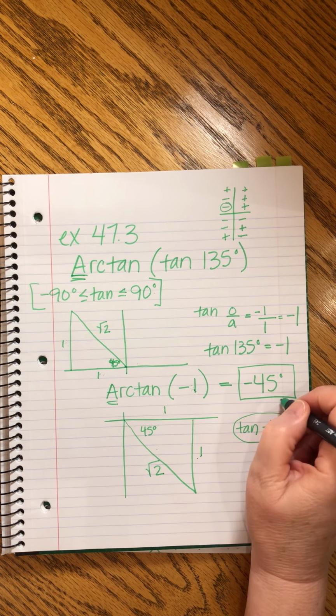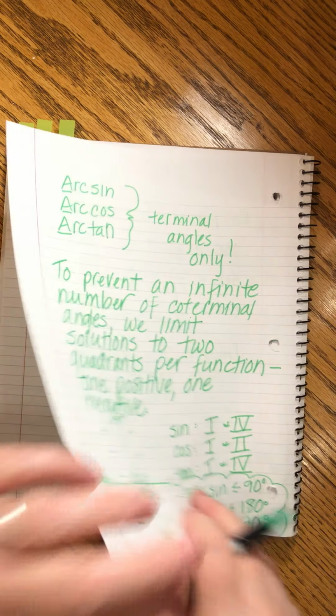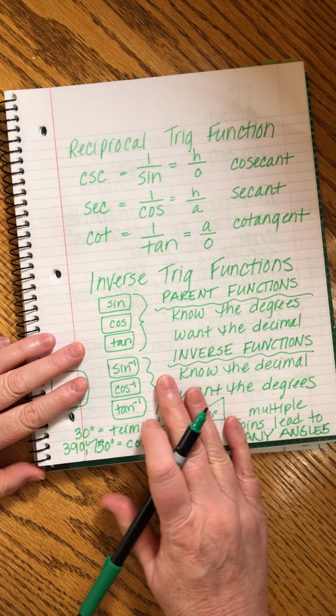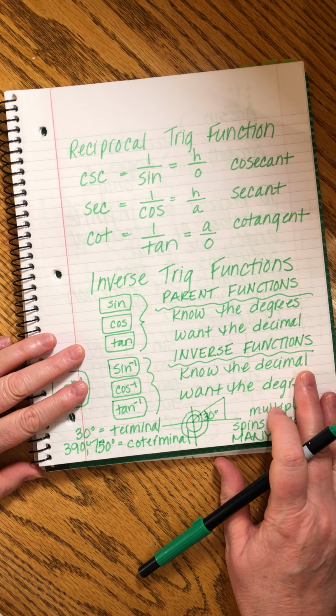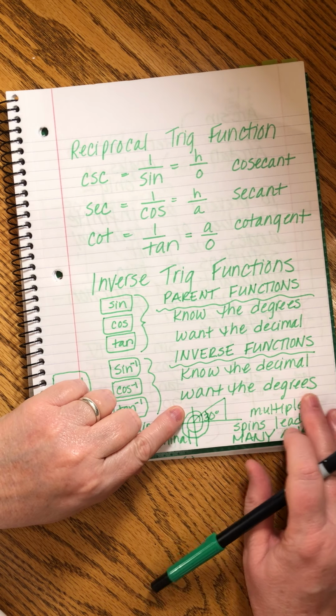That's crazy, isn't it? It's kind of confusing. It's kind of complicated. It will get easier as we go. Just remember that inverse functions, this is what I want you to remember most and best of all. Inverse functions are when we know the decimal or the fraction, either way you can look at it, and we want the degrees.